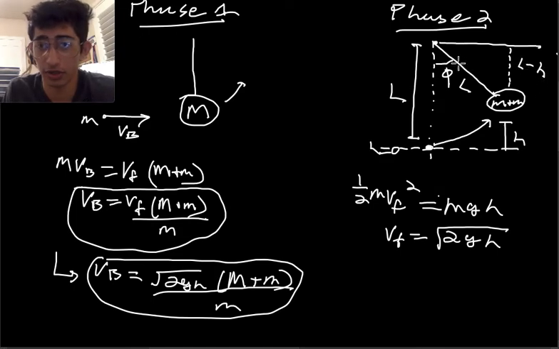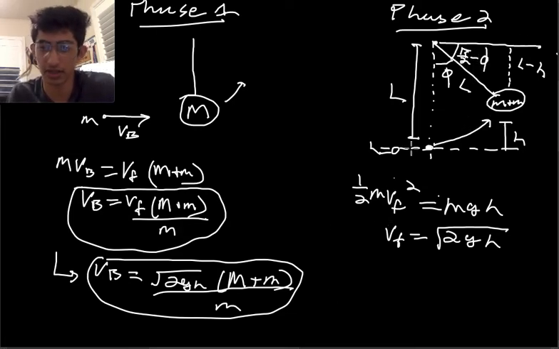Well, we can use our good old trigonometric functions. We know that this angle right here is 90 degrees, or pi over 2, minus phi.